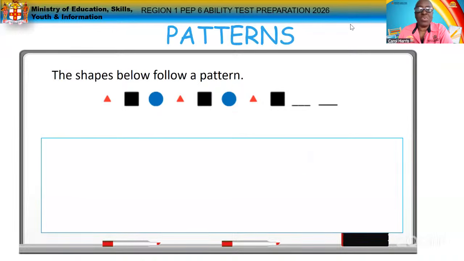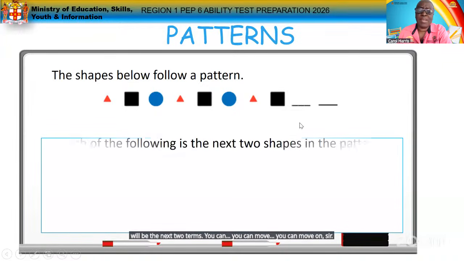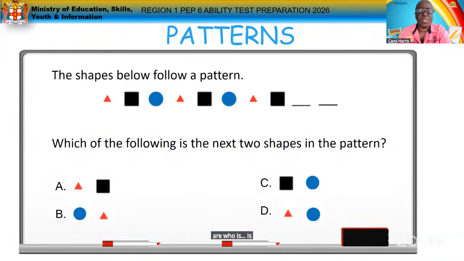What would be the next 2 terms? So which of the following is the next 2 shapes in the pattern? Is it option A, B, C, or D? I see several B's coming up in the chat.